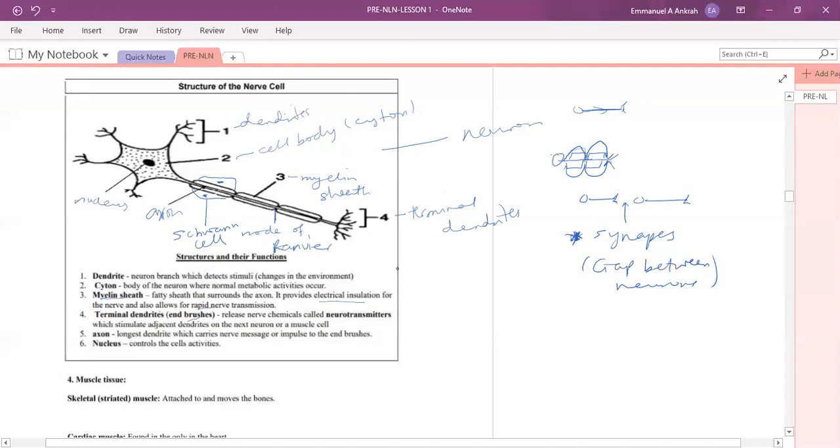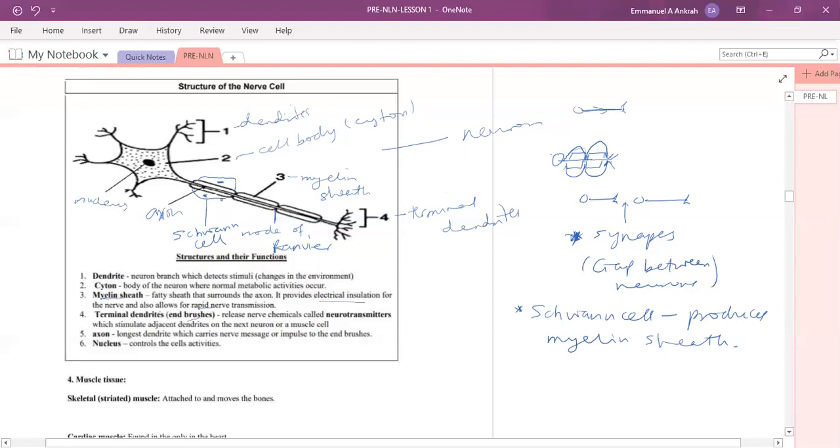So I'm going to write that here: the Schwann cell produces the myelin. So that's its function.